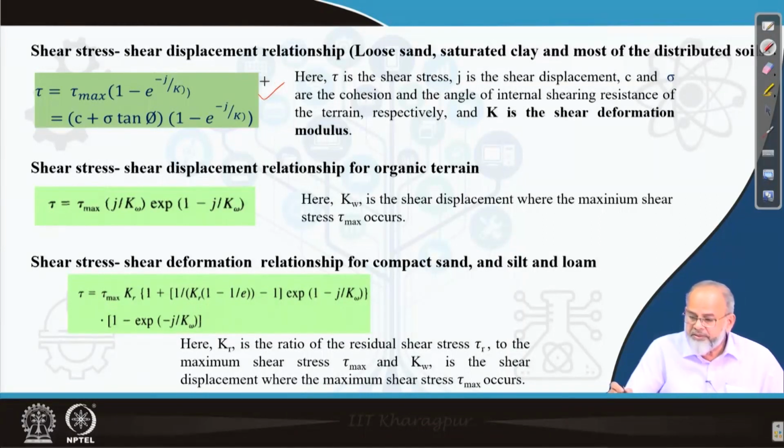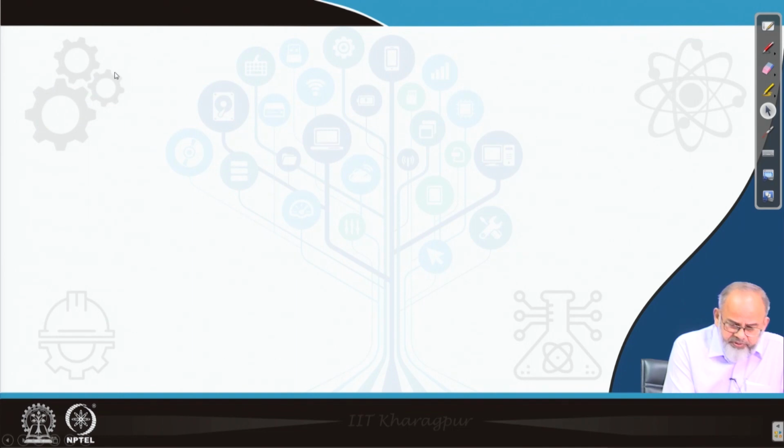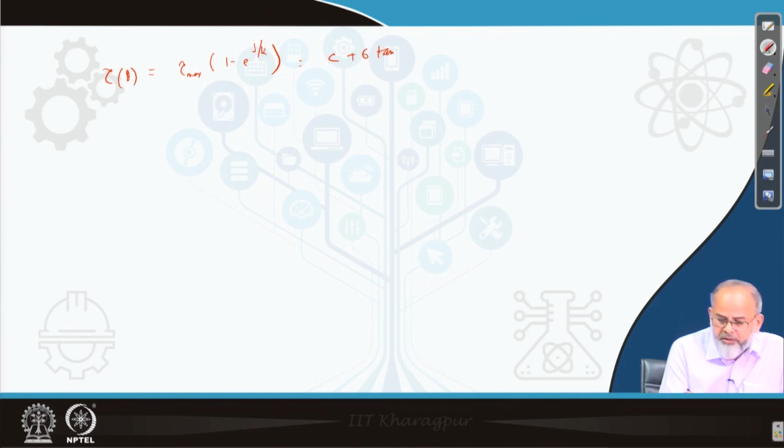If I take this relationship, then the shear stress distribution will be like tau max into 1 minus e to the power minus j upon k. So tau max can be written as C plus sigma tan phi, where C is the cohesion, phi is the angle of internal friction, and sigma is the normal stress. So, j by k.